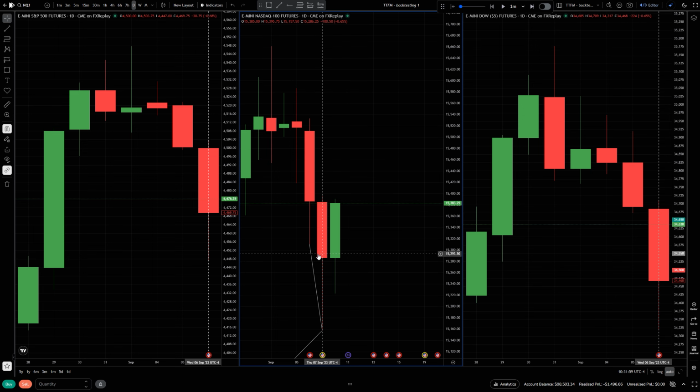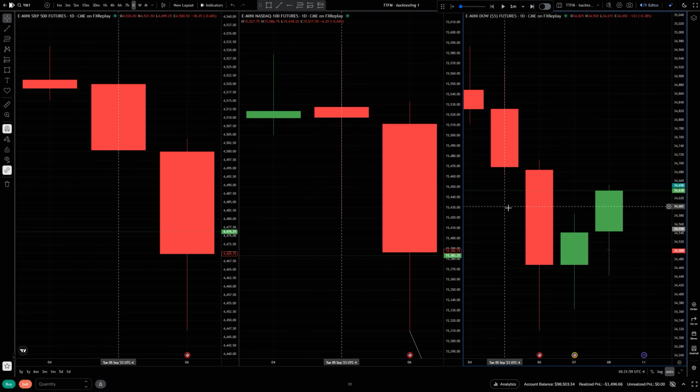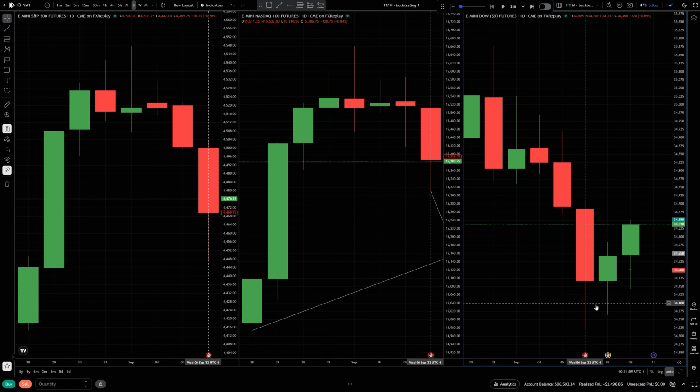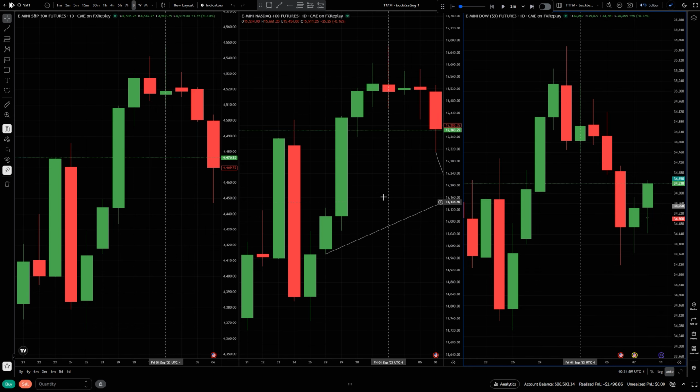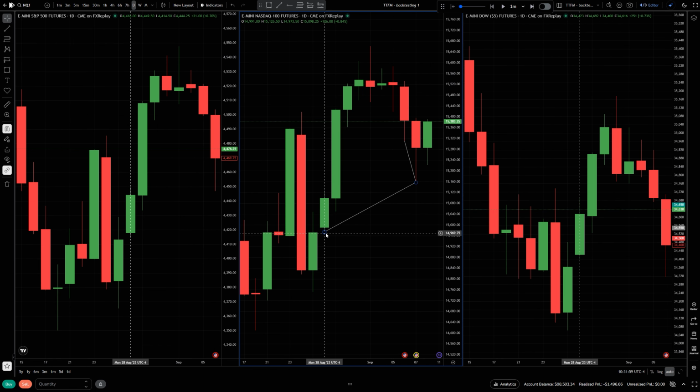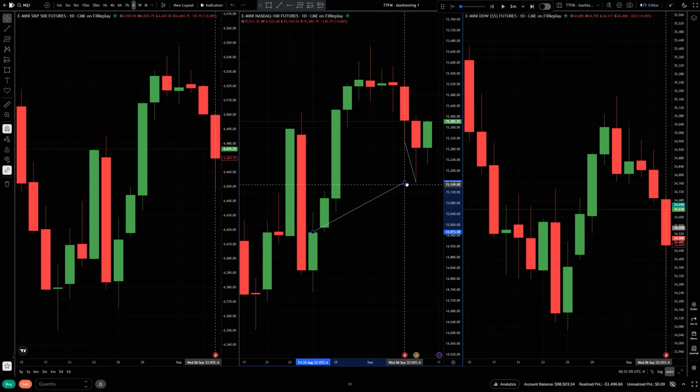And more so, NQ took out September 6th low, while YM didn't. So we have a bullish SMT like this, and it is actually two-staged because YM actually took out this candle's low. So we have it two-staged like this.